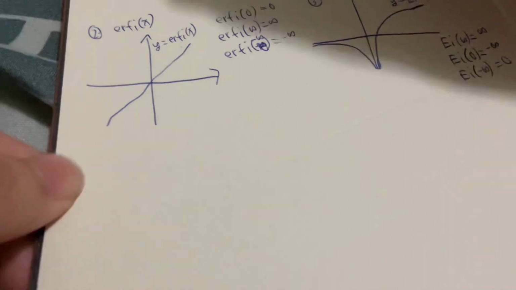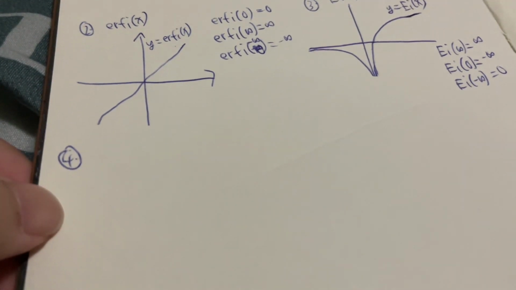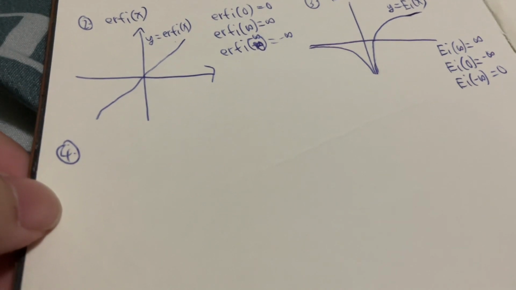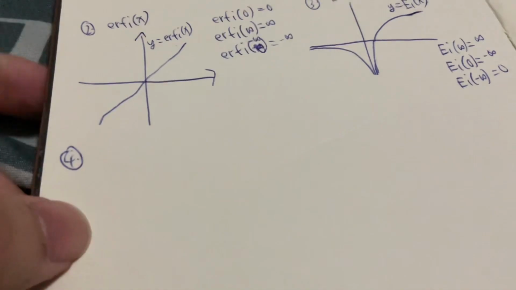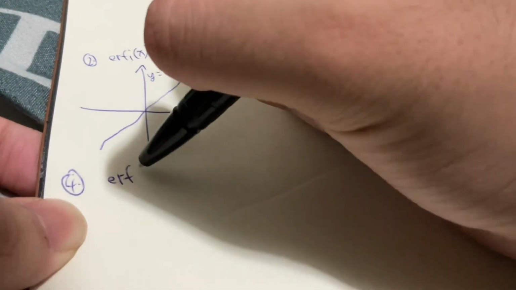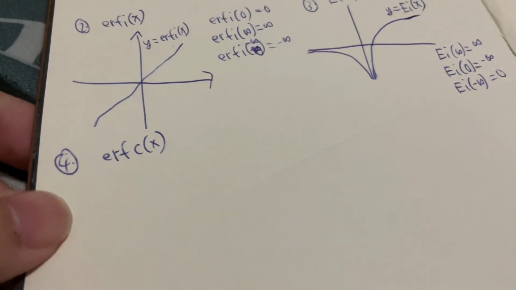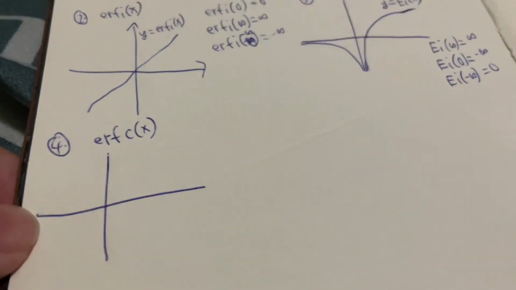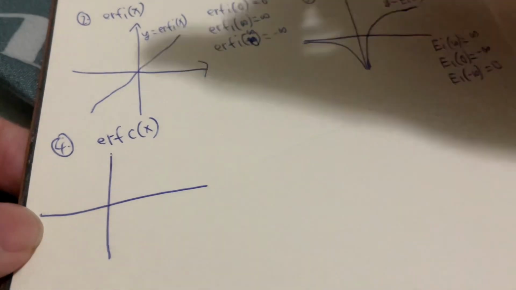Okay, number 4. And this is a really unpopular one. It's called the complementary error function, erfc of x. And this is a really weird one. Complementary error function. And it looks like this.